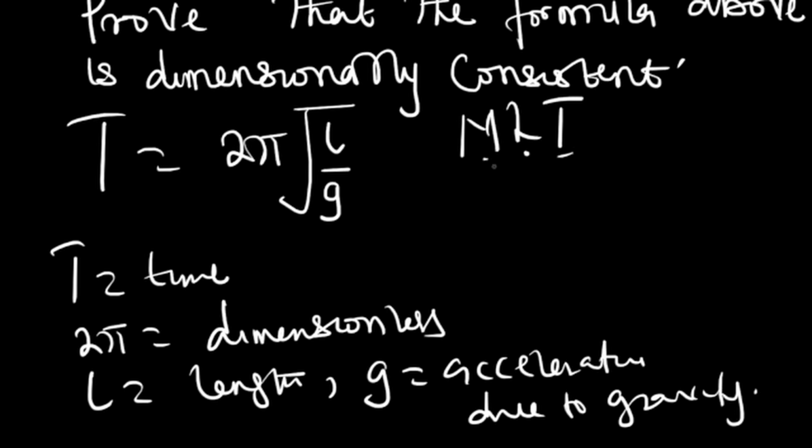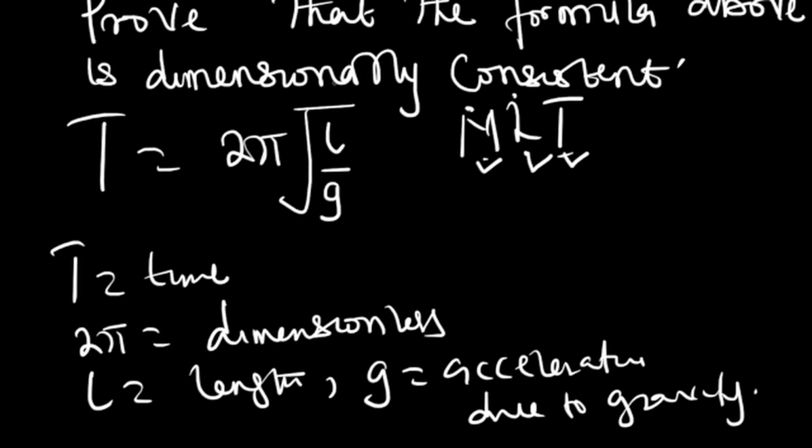So the dimension for mass is known as capital letter M. The dimension for length is known as capital letter L. And the dimension for T, which is time, is known as capital letter T. So wherever we see mass, we put an M. Wherever we see length, we put L. And wherever we see time, we put capital letter T. That is how it works. So we're going to do the replacement when it is time.